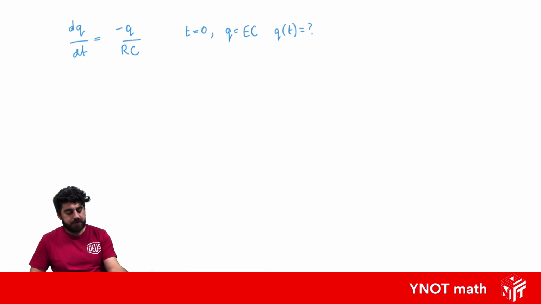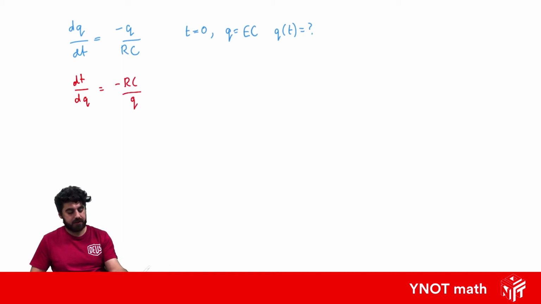So our variables are obviously q and t, we can tell from our derivative here. And taking the dt to the other side here, we can't do because we have a q over here. So this is a situation where we do need to flip both sides of the equation, first of all. So this will give us dt/dq equals minus RC over q.